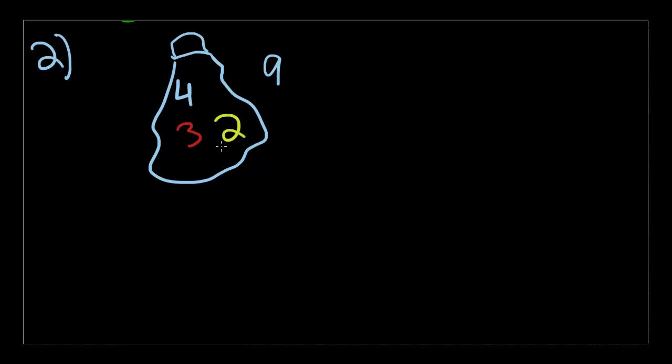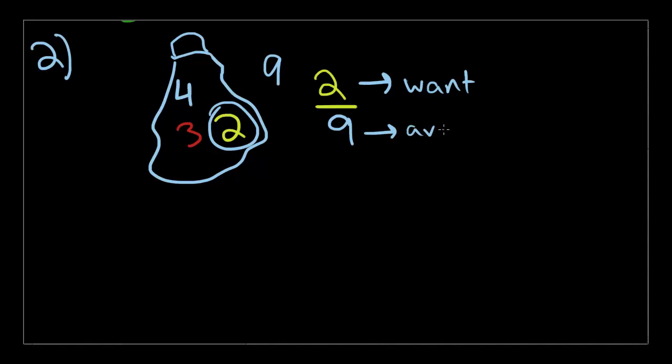So if we wanted only yellow marbles, the probability of getting a yellow marble will be the number of yellow marbles over the total number of marbles altogether, which is 9, because that's how probability works. In probability, the top number is the one you want, and the bottom number is the one available. That's how they work. So the correct answer choice, therefore, is C. And we will move on to the next problem.